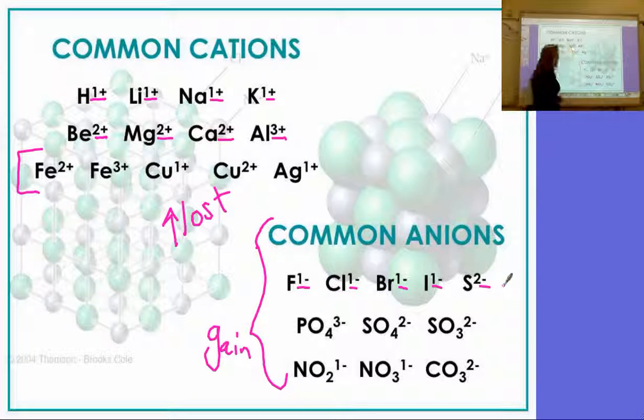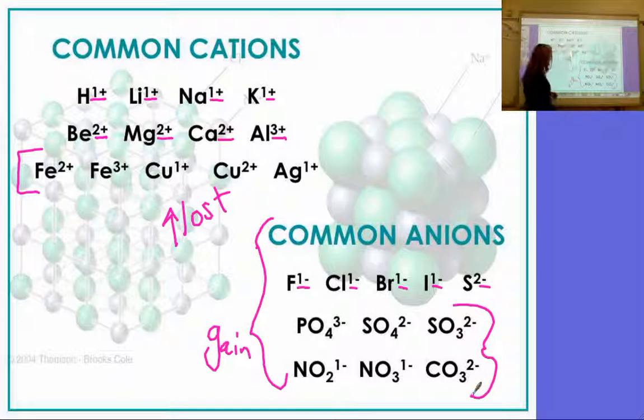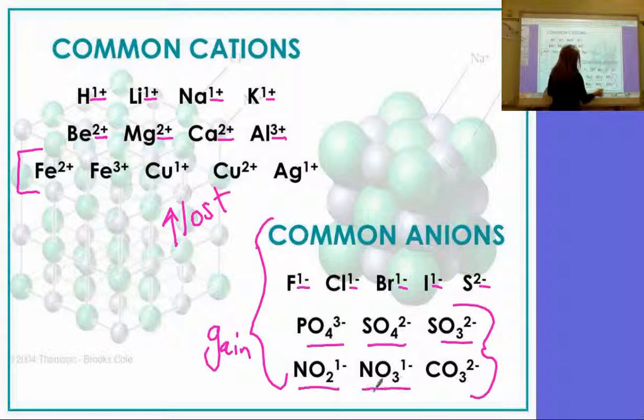Anybody in the sulfur column likes to gain 2 electrons. Then here's some more polyatomics. Most of our polyatomics are going to have a negative charge. Phosphate, sulfate, sulfite, nitrite, nitrate, carbonate. These are some of those common ones that you might want to memorize. It'll just make your life easier later on down the road.